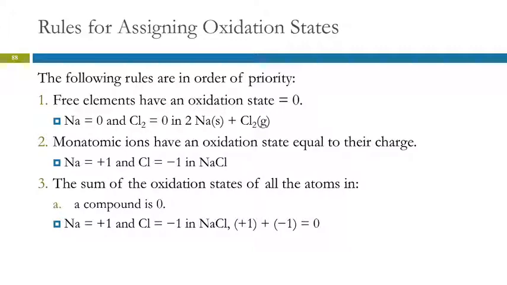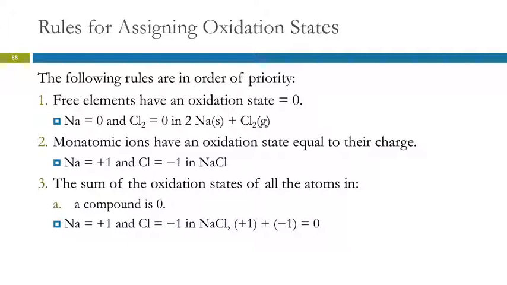No. Their ion charges are 0. Their oxidation states are 0. If you have monatomic ions, like in sodium chloride, you've got sodium ion and chloride ion, then the oxidation state is the same as the charge. So that's convenient.